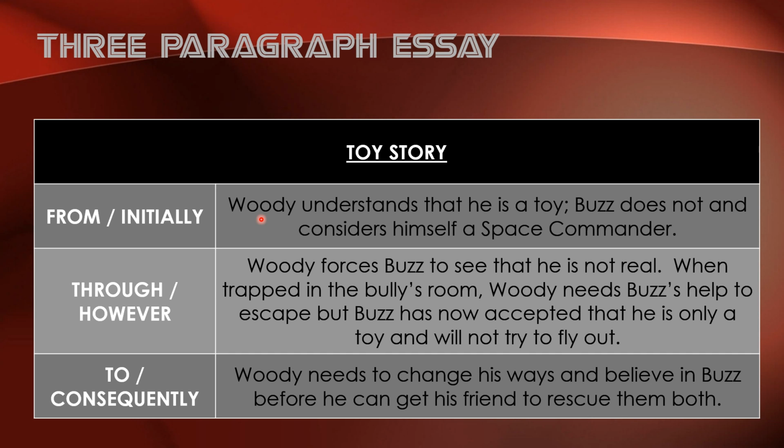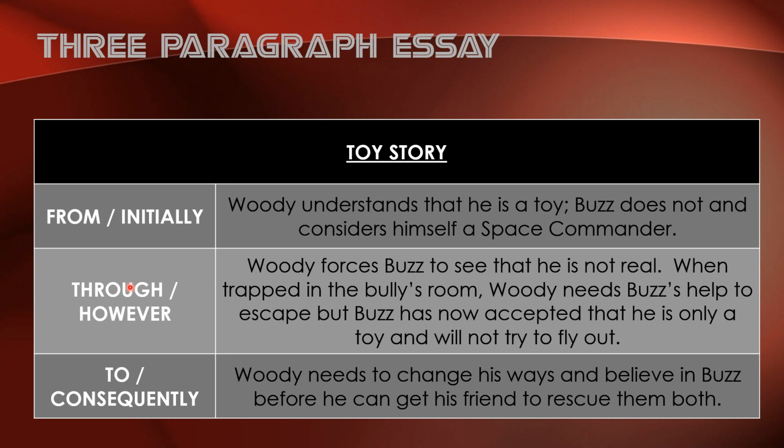Buzz, though, on the other hand, does not consider himself to be a toy, but instead thinks of himself as a space commander. He doesn't realize that he's mostly make-believe. This forces Woody to spend the majority of the film trying to convince Buzz that he's not real.